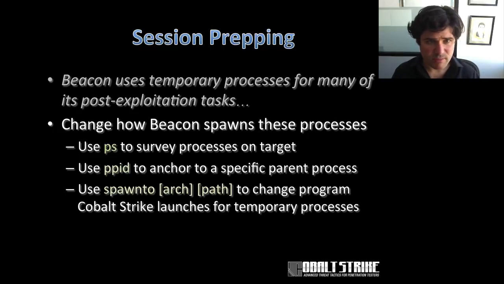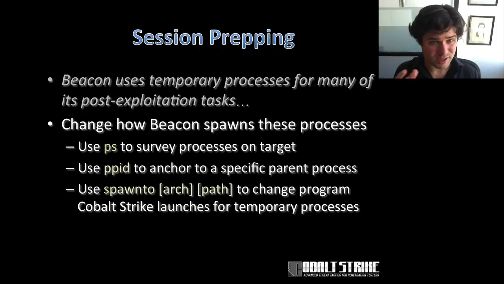Now, one of the things you want to think about is, for your current context, what is a good plausible parent process that might spawn child processes? For example, if I'm in a user context, Explorer.exe is a great candidate because things launched by Explorer are plausibly things the user chose to launch. And in Cobalt Strike versions 3.8 and later, you can change which process the beacon payload anchors its child processes to.